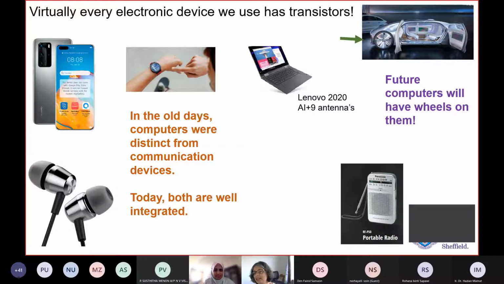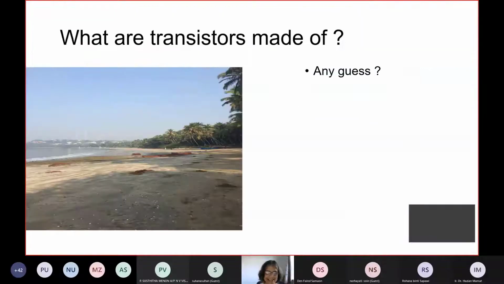And we can well imagine that in the future, computers are going to be having wheels and are going to be able to take us from place to place. Now, what are transistors made of? They're actually made of sand.